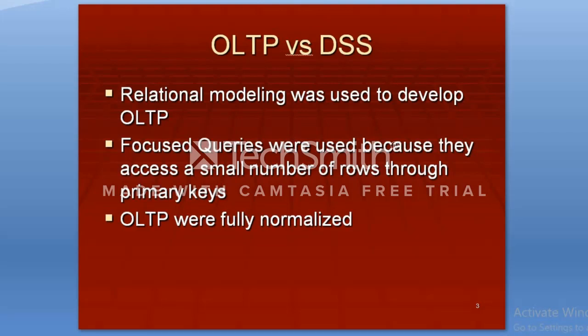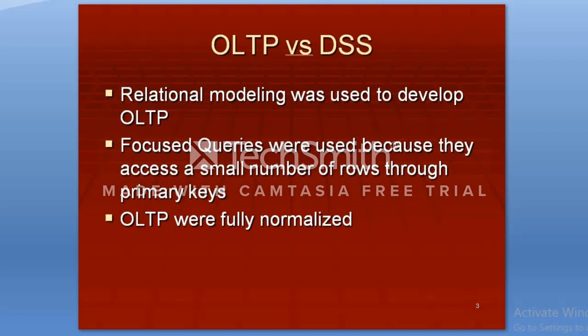Because we want to remove any duplication and inconsistencies of data, and we want to prevent any kind of anomalies in data. We have discussed different anomalies, like update anomalies, deletion anomalies, and insertion anomalies. So in order to avoid these anomalies, we build our system fully normalized, and that is done in OLTP systems.